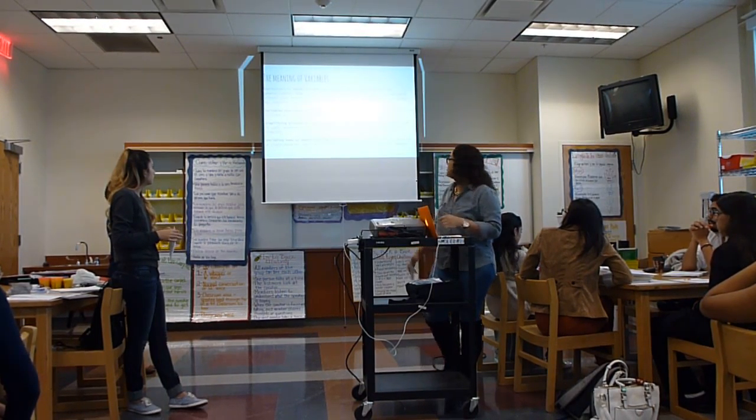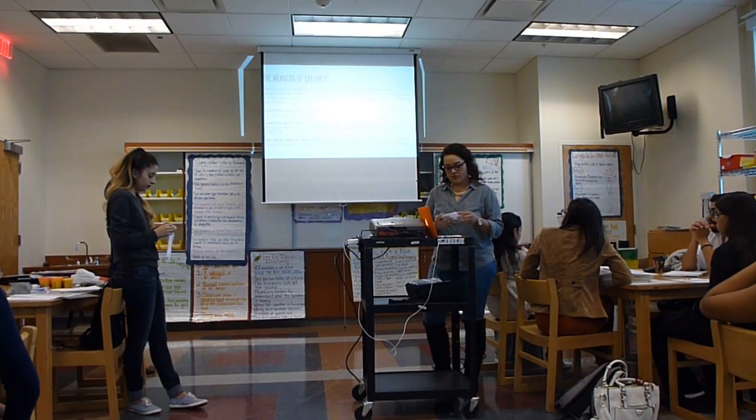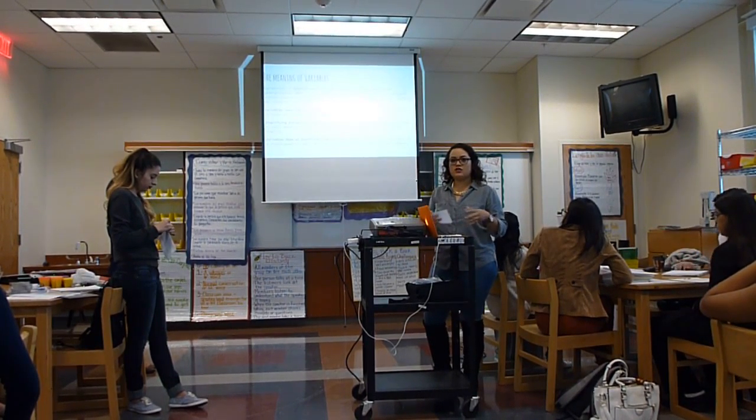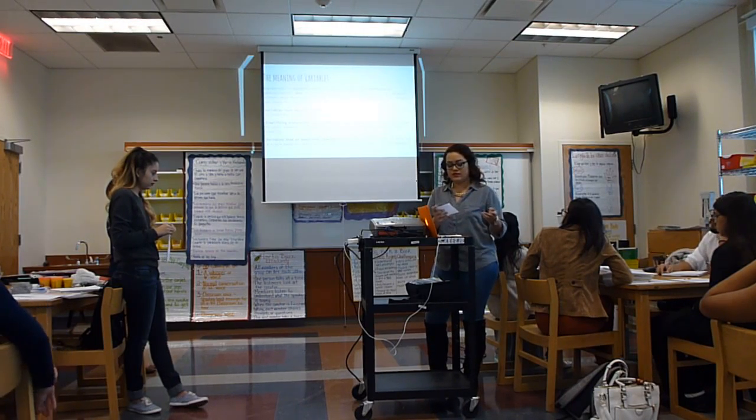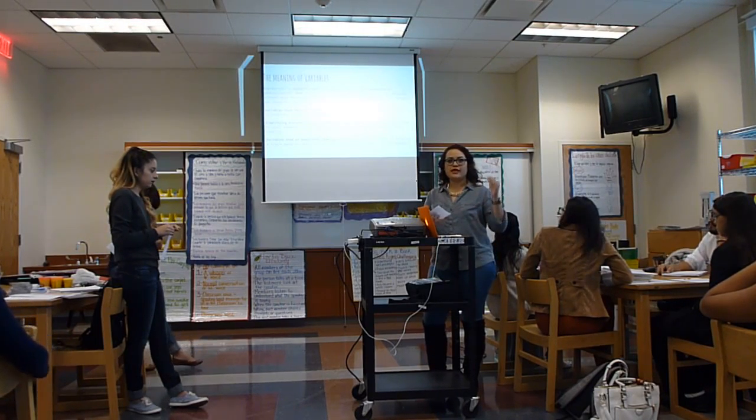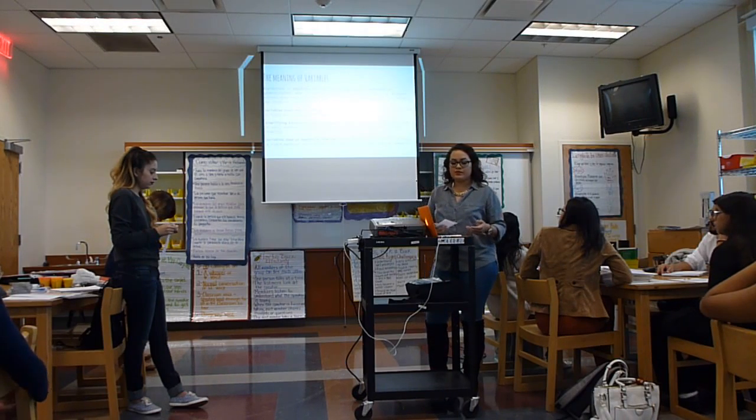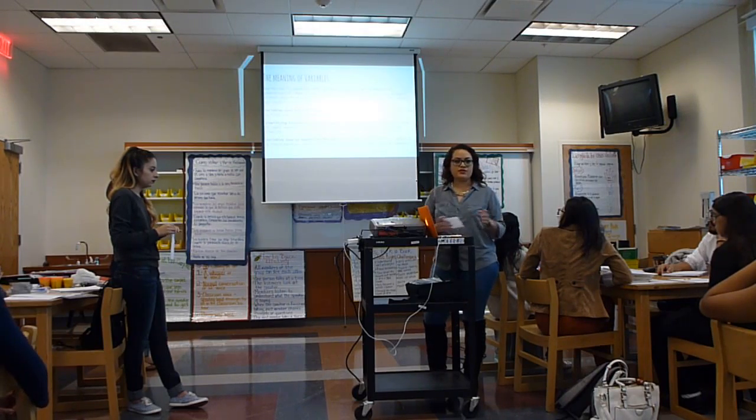The meaning of variables. Variables are used for an unknown value, for example in the equation n plus 7, you don't know exactly the amount that n means. It can be any number, it can be infinity, it can be everything.